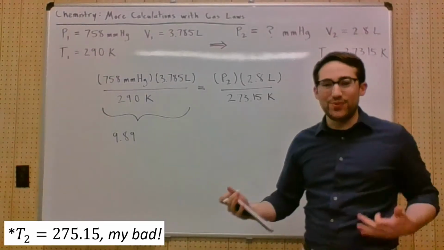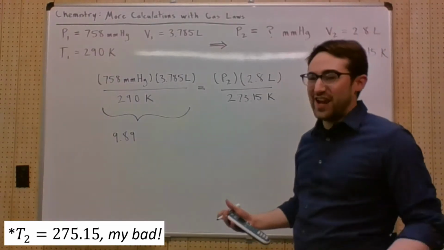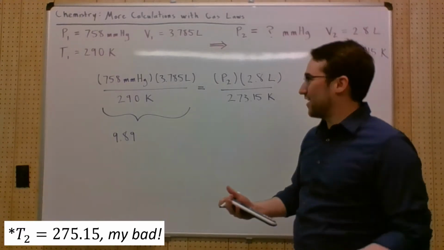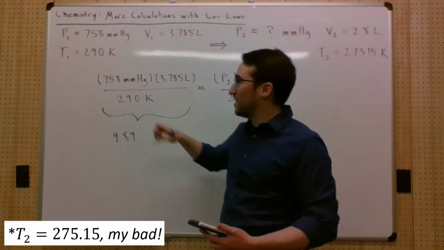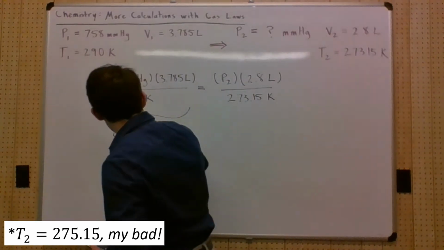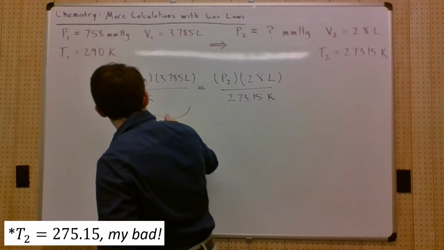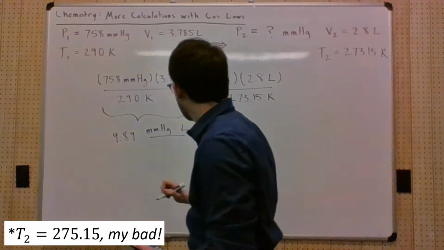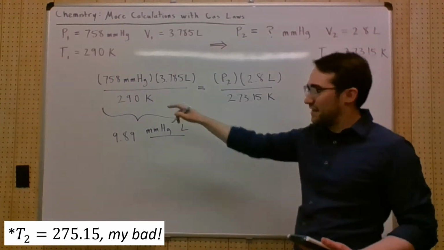Right? So multiplying and dividing these numbers has not changed the units I have. So what I'm going to be left with is going to be a little weird. I still have mmHg and big L up on top, and I've got Kelvin on bottom.